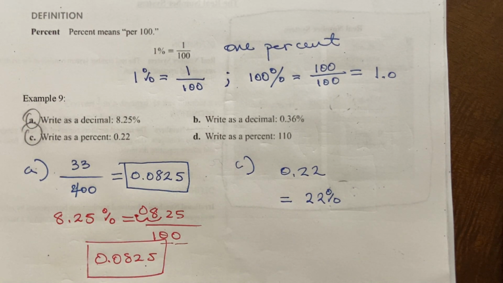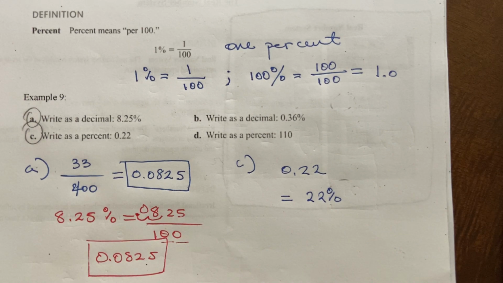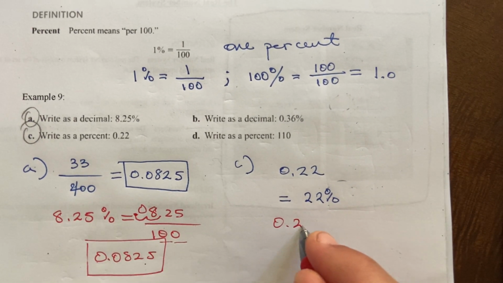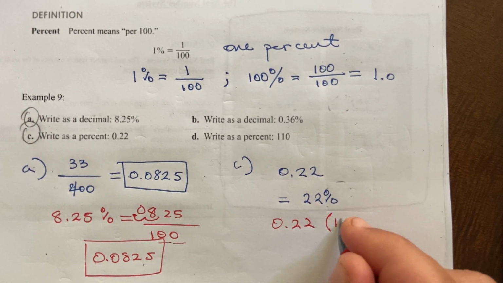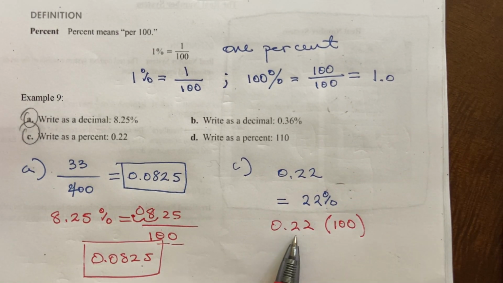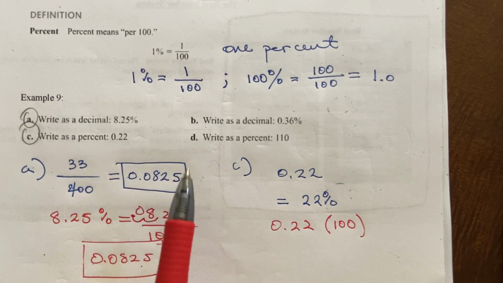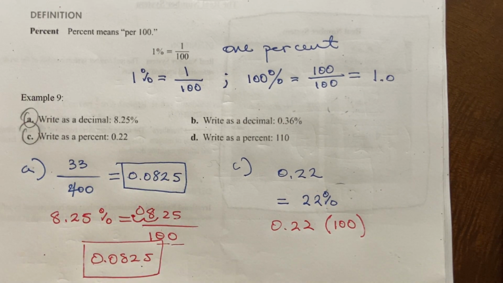When we convert from decimal to percent, we multiply by 100. So it would have been similar to go 0.22 and then just multiply by 100. So from going decimal to percent, we can multiply by 100. Going from percent to decimal, we divide by 100.